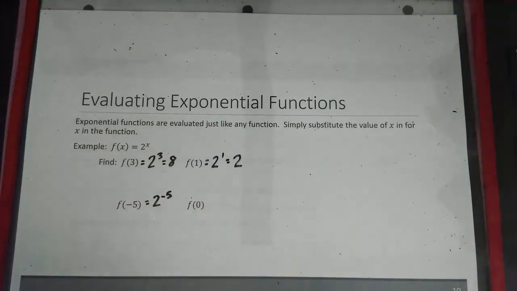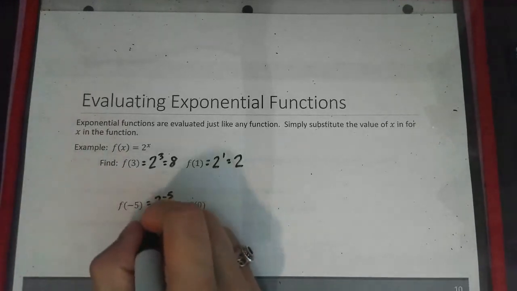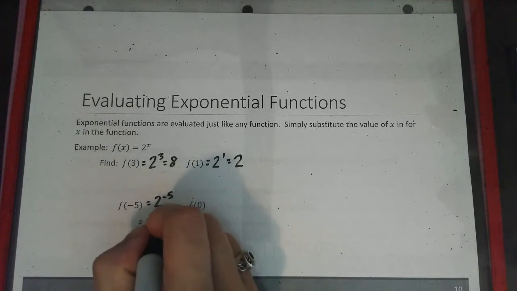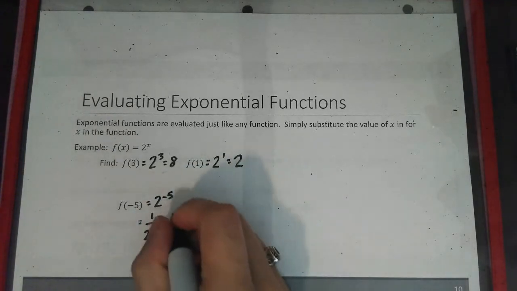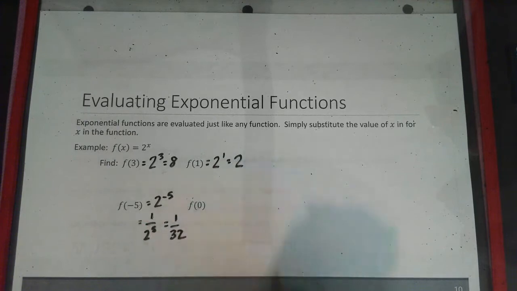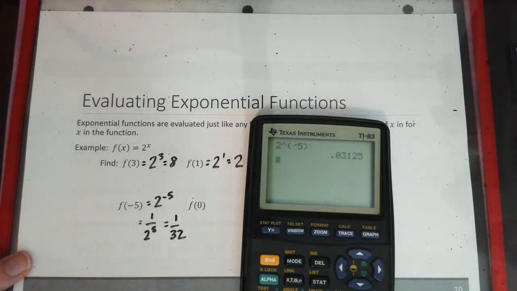f of negative 5, that's going to be 2 to the negative 5 power. There are a couple ways we can attack this. First of all, we know how to handle negative exponents. Put it in the denominator. This is 1 over 2 to the 5th power. That simplifies to 1 over 32. That's fine and dandy. Life is good. If you want to check your answer, you can type it in your calculator, 2 to the negative 5th power, decimal.